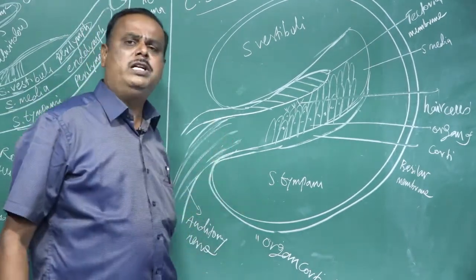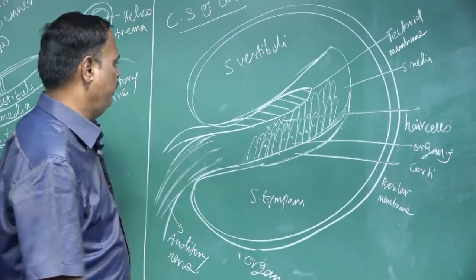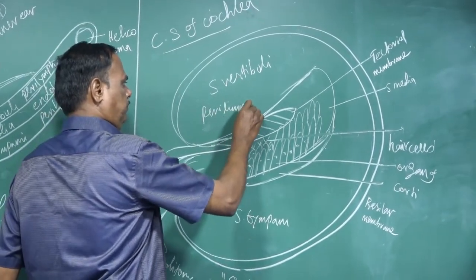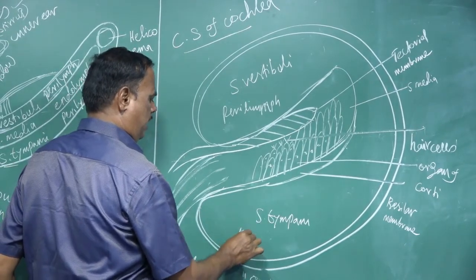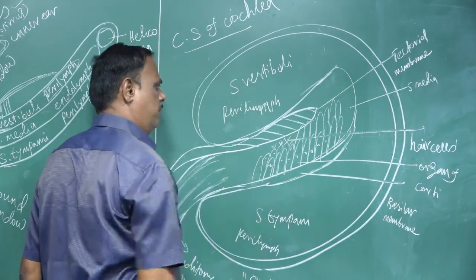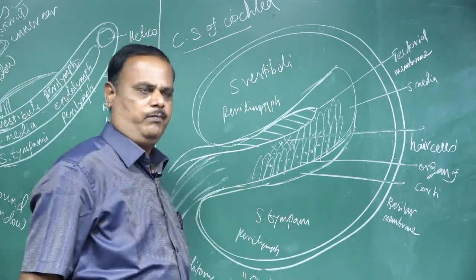The cochlea is divided into three compartments. The upper chamber, scala vestibuli, is filled with perilymph. The lower chamber, scala tympani, is also completely filled with perilymph. The middle chamber, the scala media, is filled with endolymph.